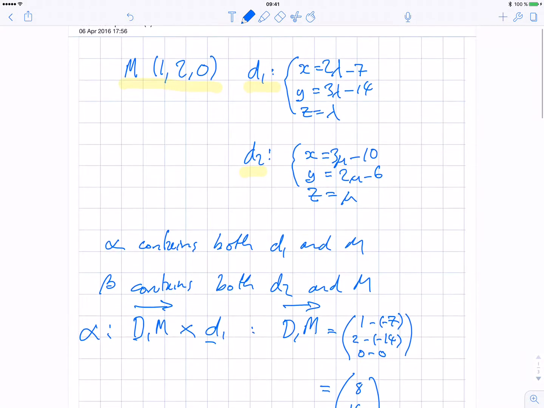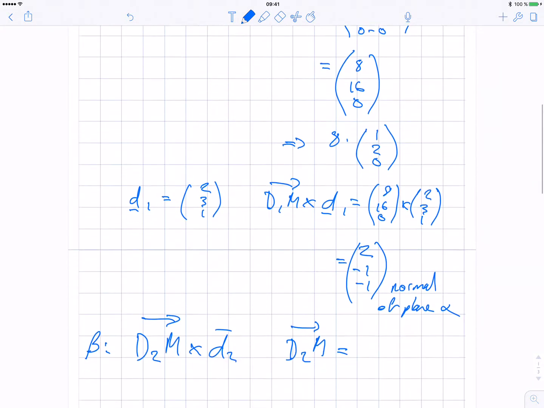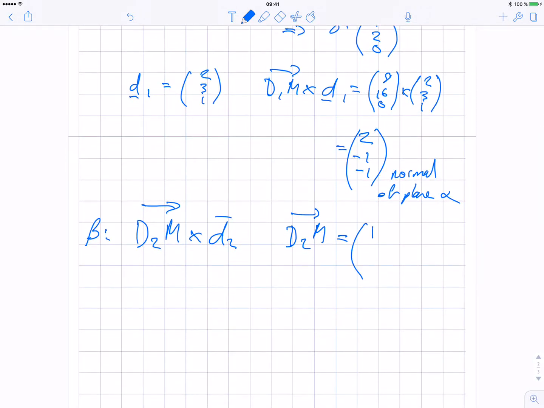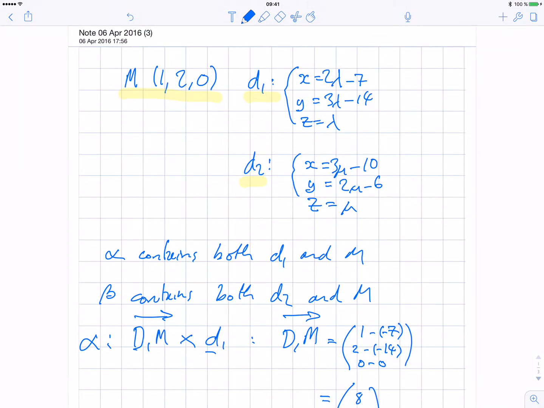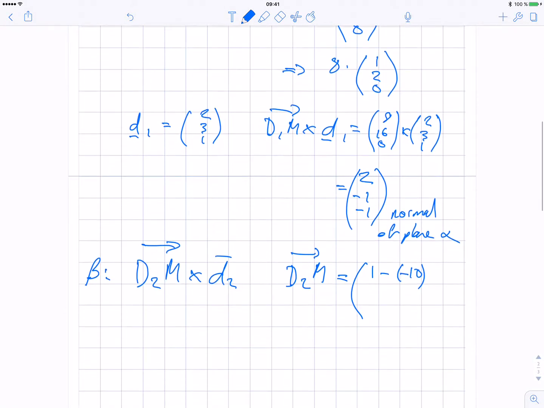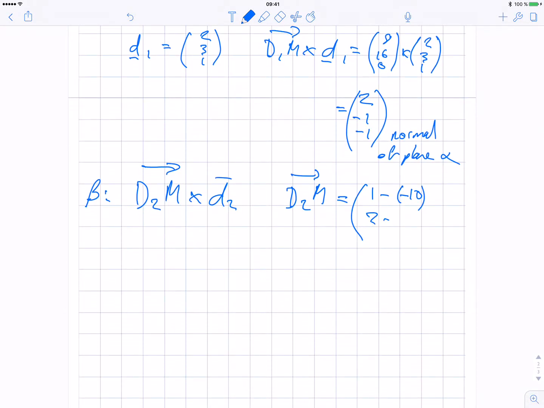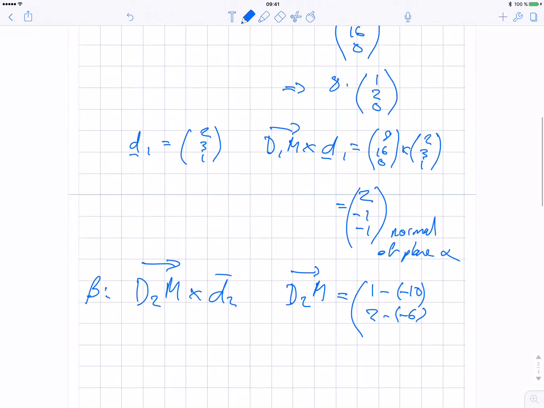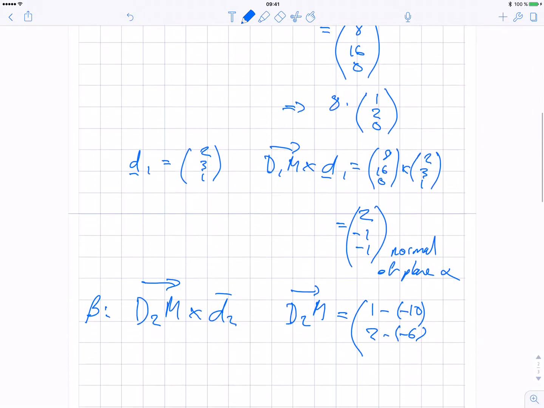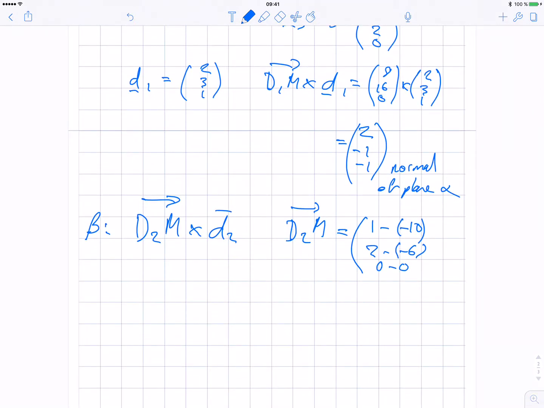So it's 1 minus 10, 2 minus 6, and finally 0 minus 0, which is equal to (-9, -4, 0).